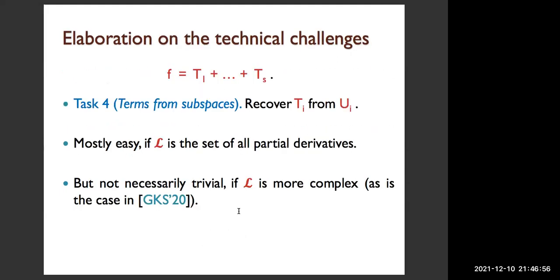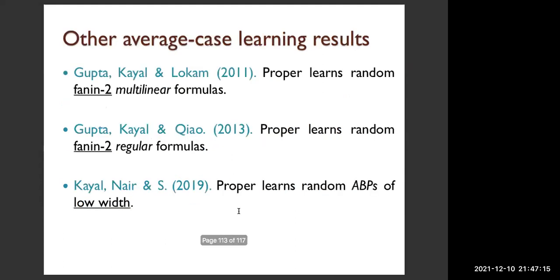Step 2 is basically, and step 1 along with it, the heart of this framework lies in those 2 steps. Once someone shows that a random circuit satisfies task 1 and task 2, then the rest of the things become fairly easy.